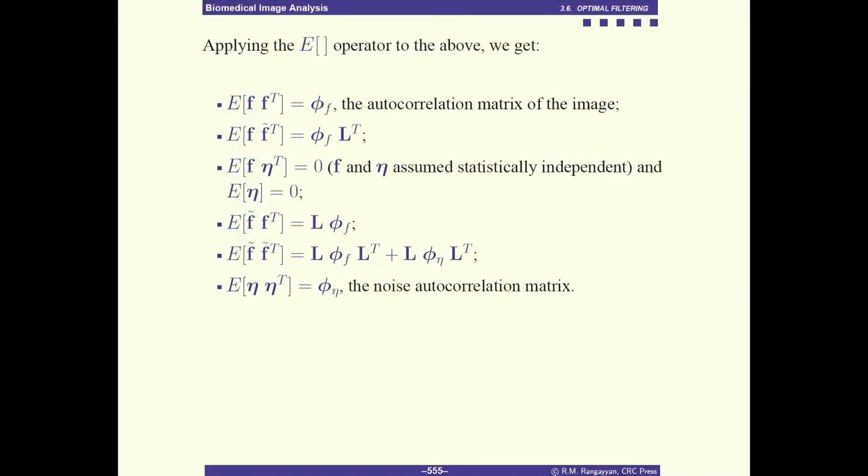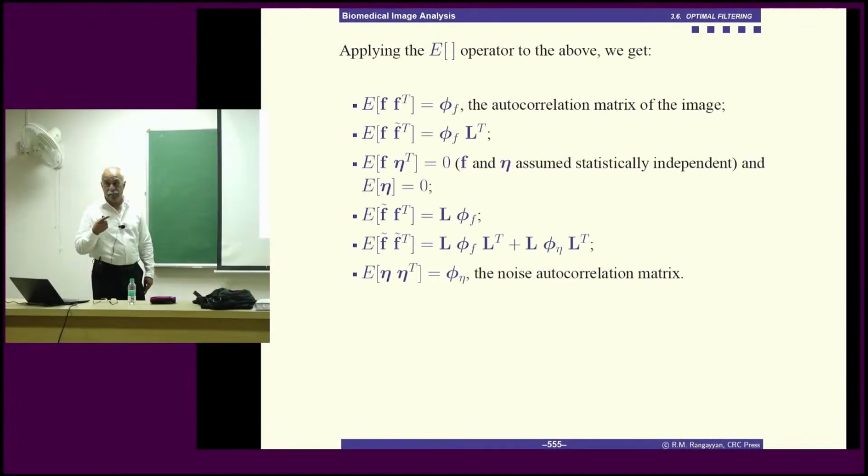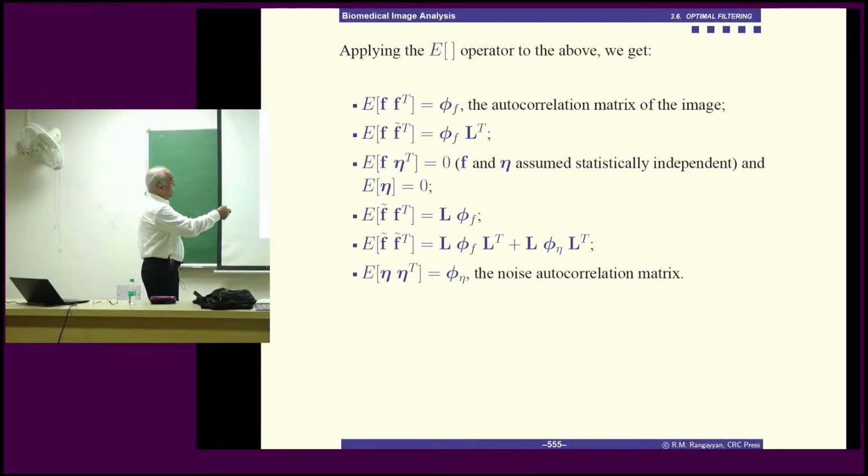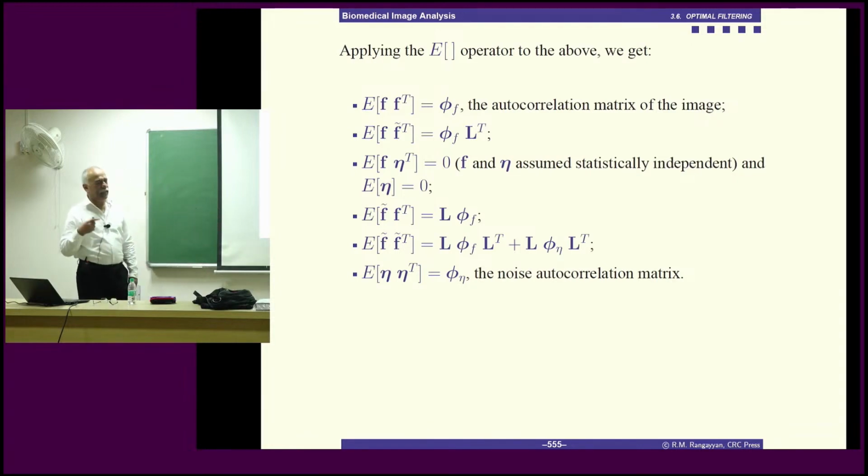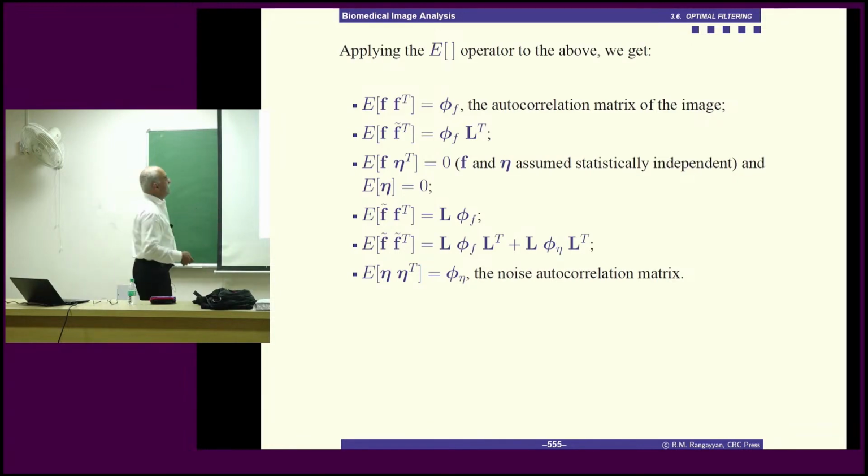So take the expectation inside and apply to each of these quantities that you have. Expectation of FF transpose is autocorrelation. We have seen this earlier. We started with these definitions. And FF tilde, you get phi f with L. F tilde is L. The transposition is in the transform. Filter is included here.